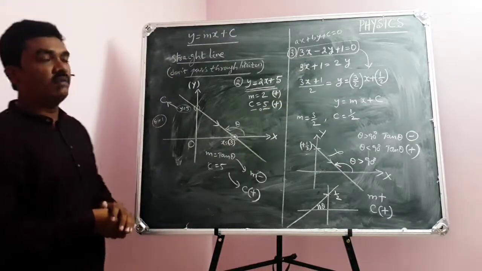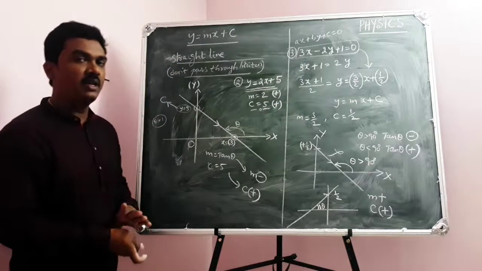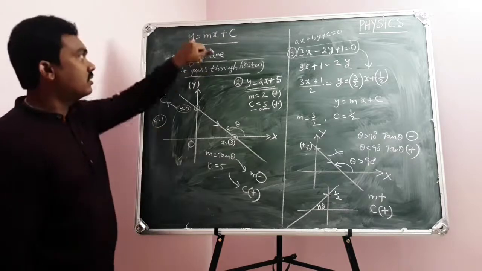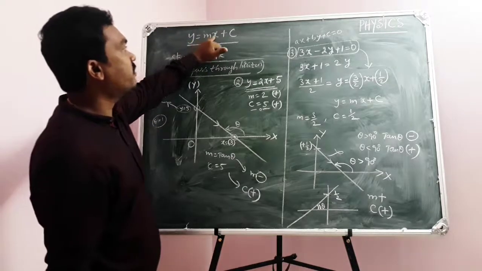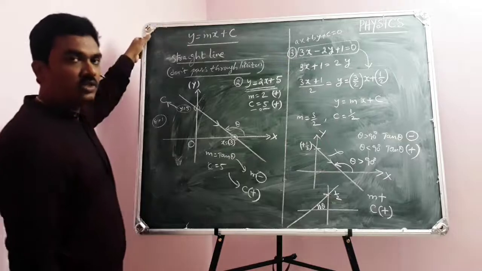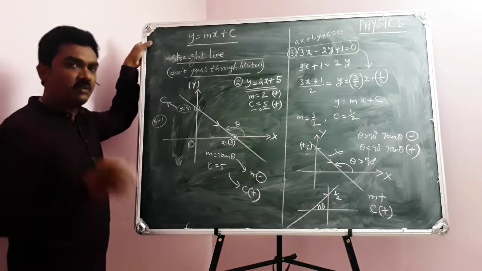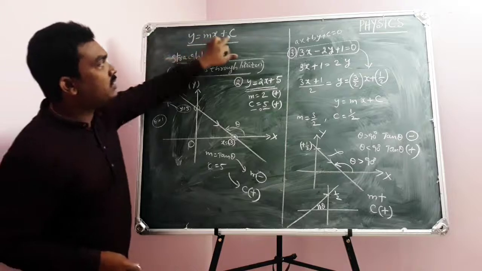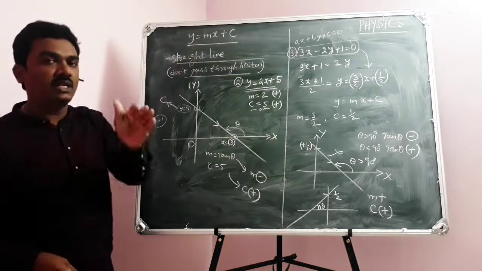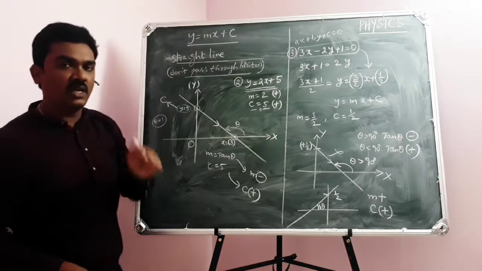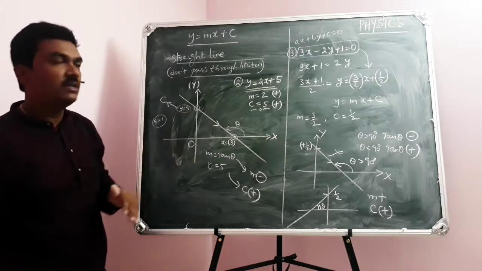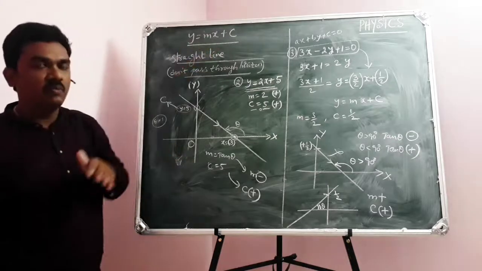So whatever you have understood, let me give more clarity. Take a mathematical equation y equal to mx plus c, whose graph is a straight line which will not pass through the origin. Here the c represents the y-intercept. The line cuts the y-axis, and that particular point is the y-intercept. M represents the slope.